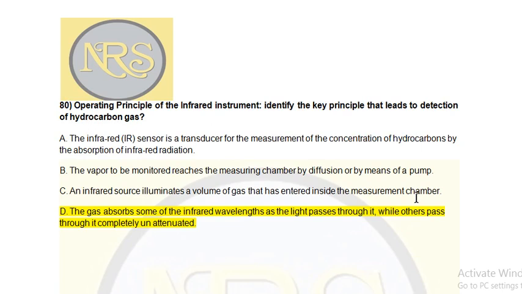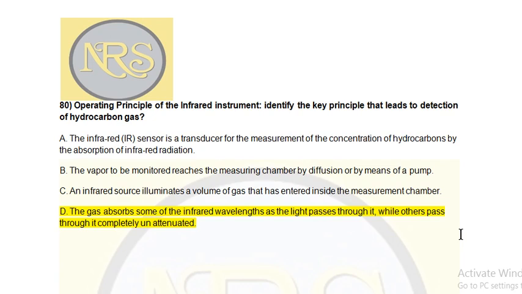Question number 80. Operating principle of the infrared instrument. Identify the key principle that leads to detection of hydrocarbon gas. Option A, the IR sensor is a transducer for the measurement of the concentration of hydrocarbon by the absorption of infrared radiation. Option B, the vapor to be monitored enters the measuring chamber by diffusion or by means of a pump.